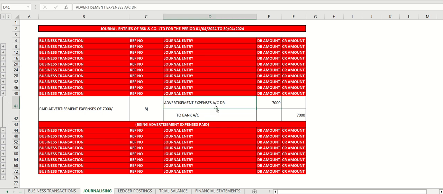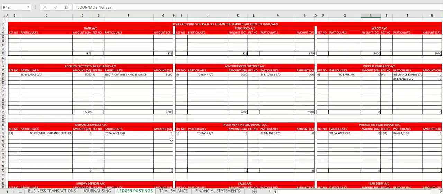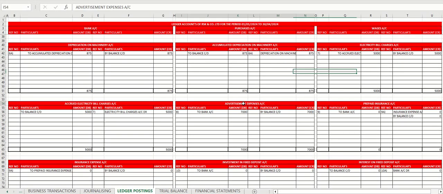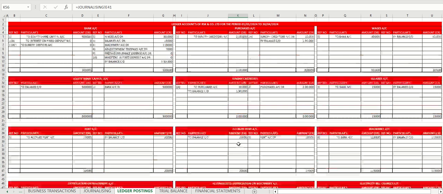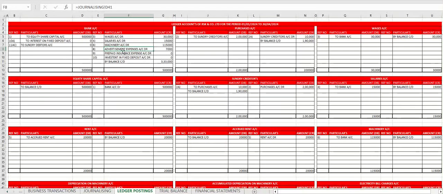Now we need to create the advertisement expense account. Let's move to the ledger postings phase. If you take a look here, it's an advertisement expense account, to bank account 7,000. In the bank account, we need to adjust the bank account, right? Because it is an expense, we need to adjust our bank account to the extent of that amount. So we are reducing our bank account.